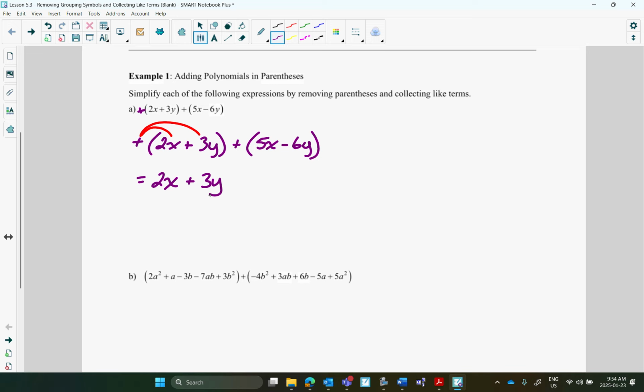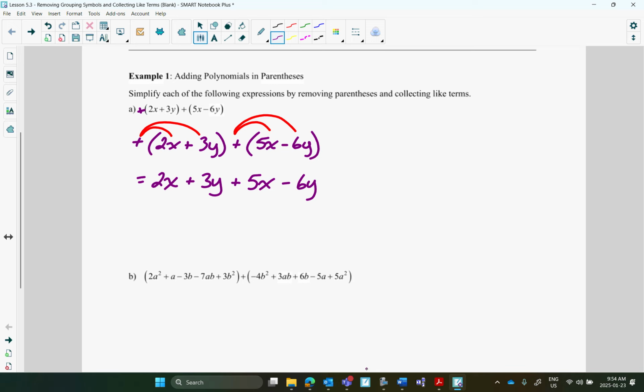I've got to do the same thing to this one. So I get plus 5x, which is just plus 5x. And then I get plus negative 6y. Well, plus and minus make what? Negative. So it looks like that.